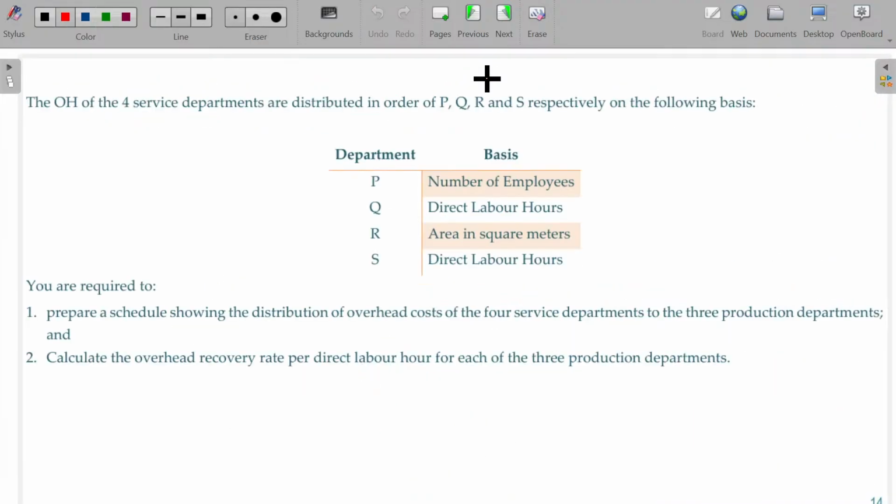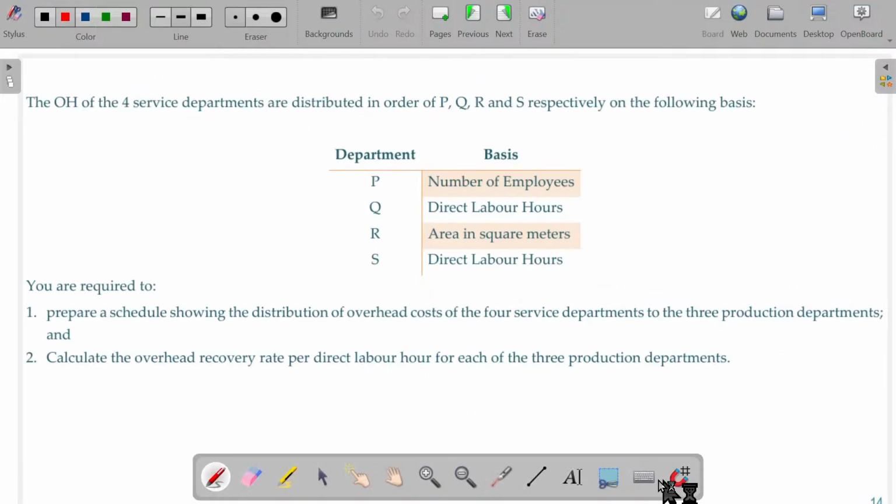How will I distribute this? That data is given here. The overhead of the 4 service departments is distributed in the order of P, Q, R, S respectively.